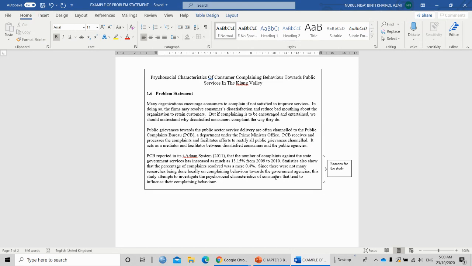Jangan you nak collect data dekat Perlis tapi you mention Negeri Sembilan. Kalau katakanlah you nak buat diabetic cases dekat Perlis, so you mention lah dekat Perlis number of diabetic cases ni di tangga yang keberapa. So if it becomes a problem, then that will interest the audience to read your research.